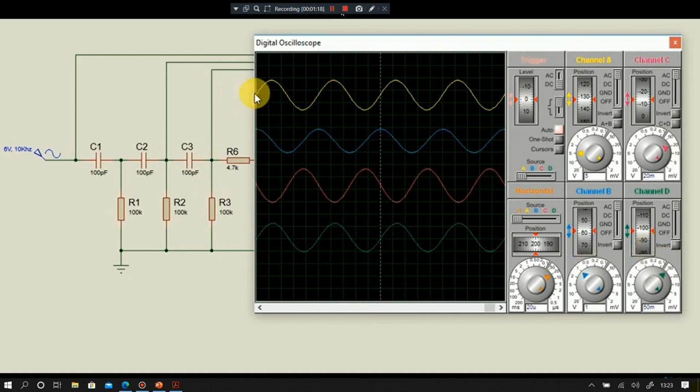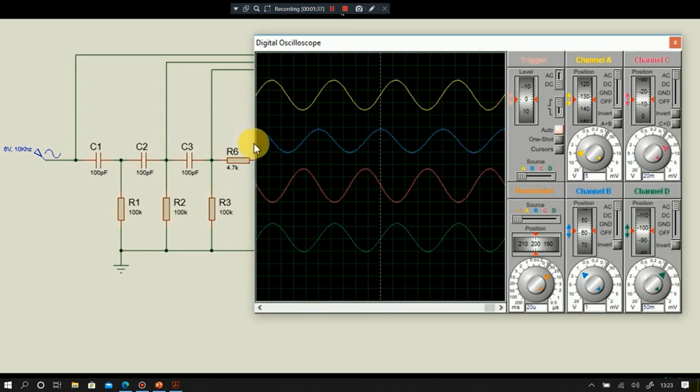So here you can see there are 4: one is denoted by yellow color, one is blue, one is red, and one is green. The yellow color is the input, and we have 3 outputs.